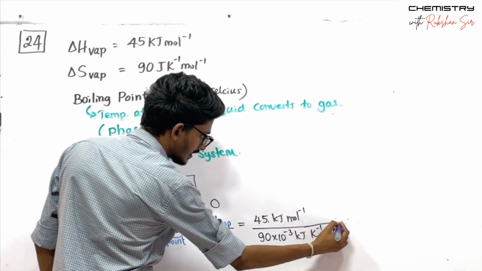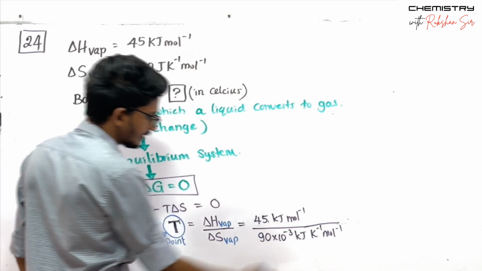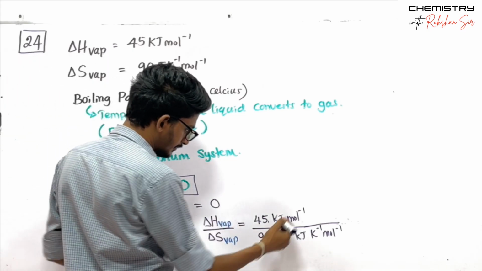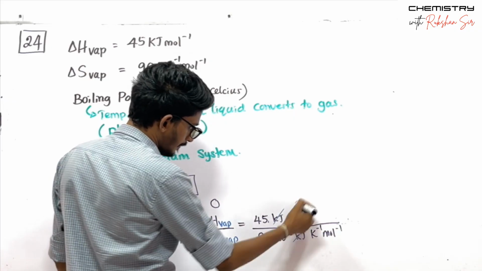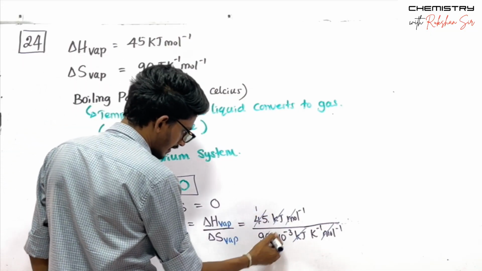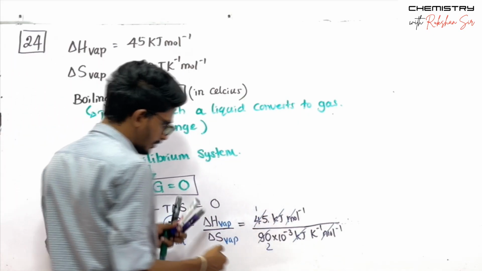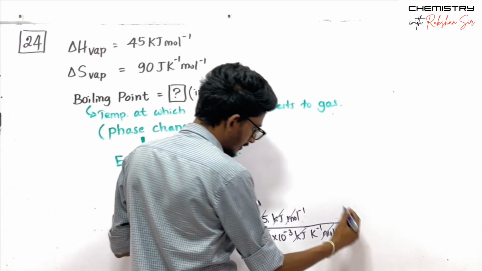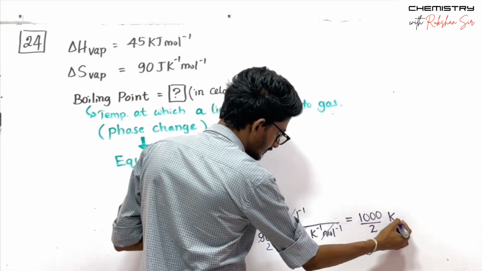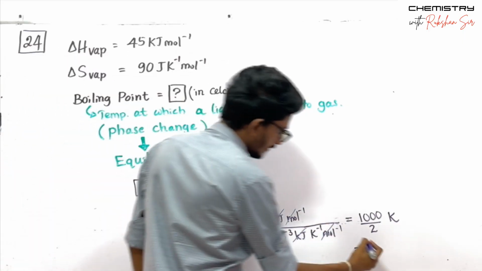I have just converted this value to kilojoules. Dividing that, the kilojoules cancel off, the mole also cancels off, and the 10 to the power minus 3 comes to the top as 1000. So that is going to be 1000 divided by 2 Kelvin. This per Kelvin comes as Kelvin. So 500 Kelvin.